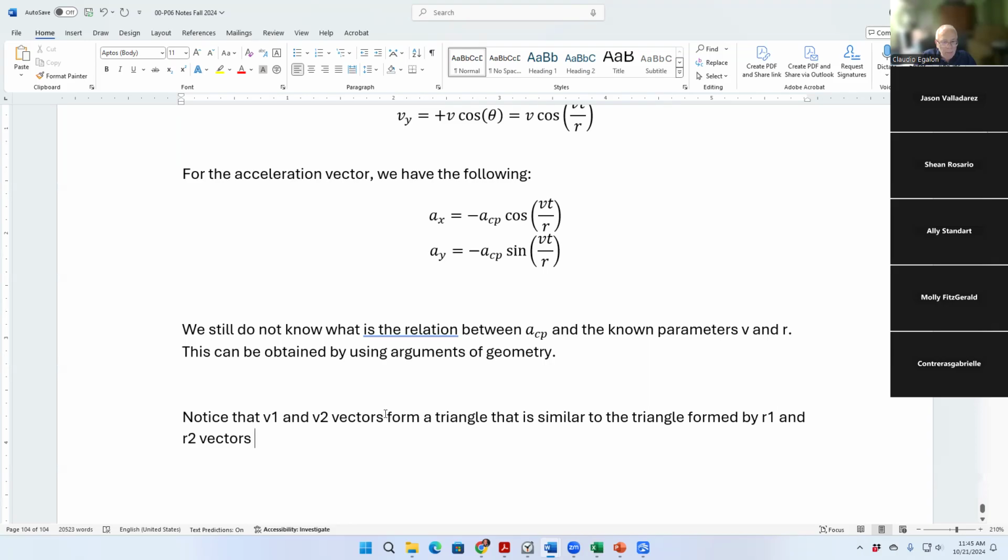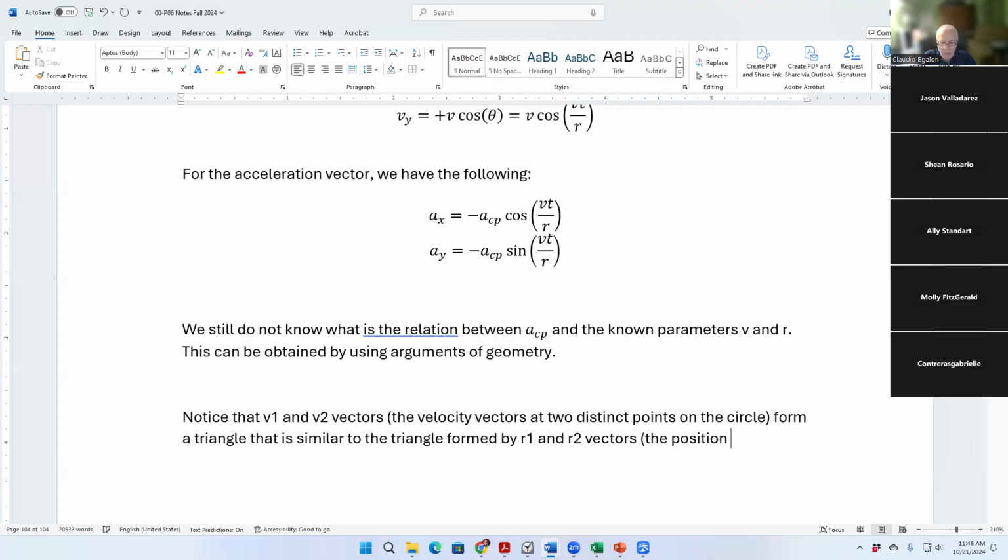Okay? The velocity vectors at two distinct points on the circle form a triangle that's similar to the triangle formed by the R1, R2 vectors.